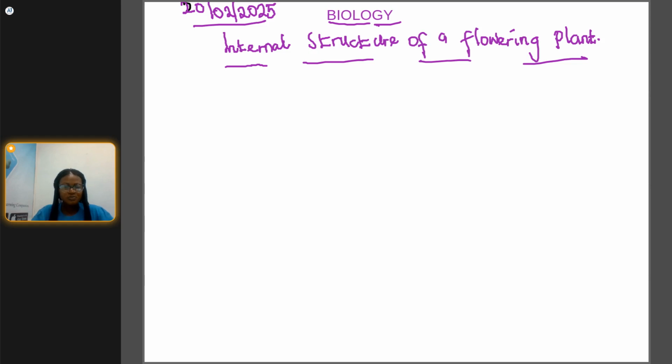So we go into each of the internal structures. We go back to our notes. We want to look into each of these parts. I've shown you the leaf, I've shown you the stem, I've shown you the roots. So we are going to be starting with roots.